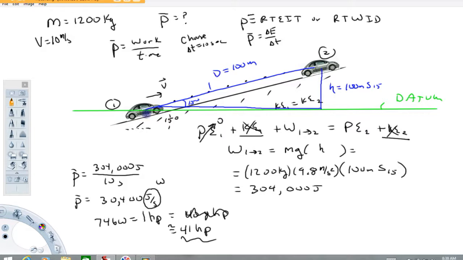If I draw a free body diagram of this car at this position, the mg was down, the normal is looking something like this. The frictional force between the tire and the road acting on the car is in that direction. And you would take this force times this distance to calculate the work done on the car.